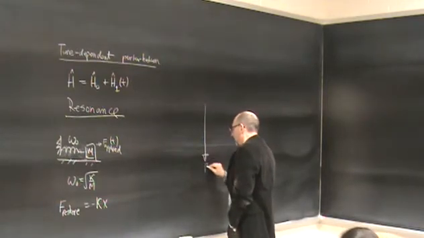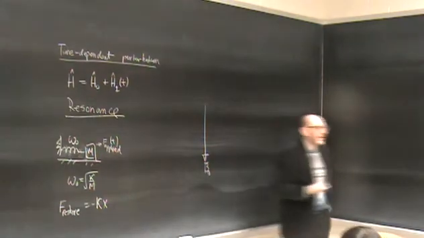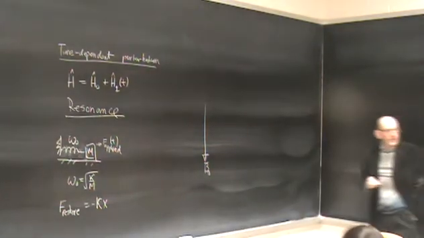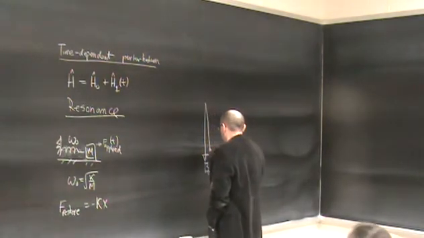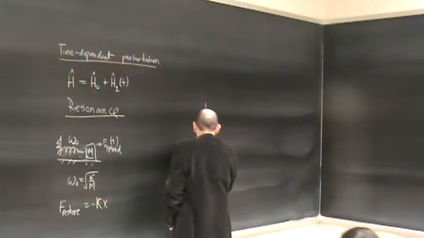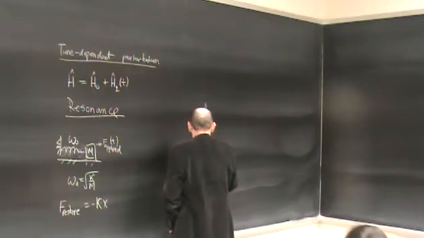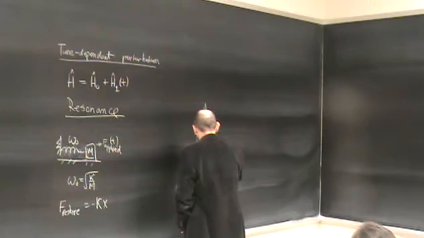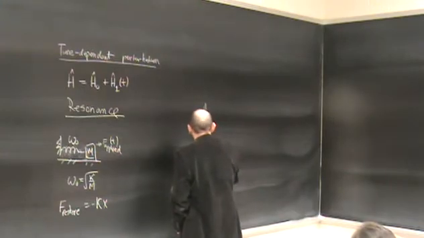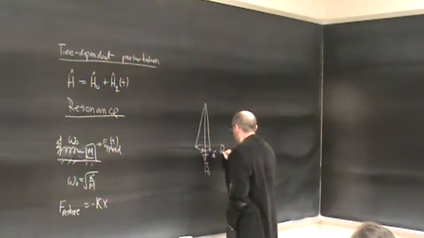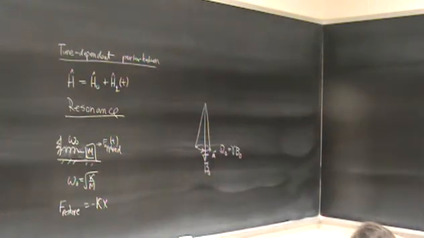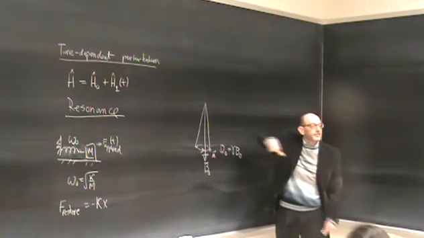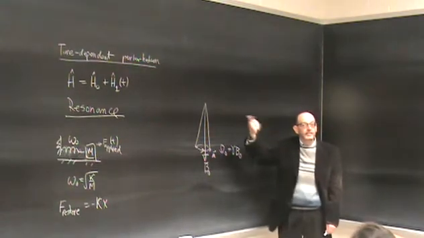Let's suppose I have a strong magnetic field, B naught, and I have some magnetic moment, mu, that is precessing around this guy at frequency omega naught, the gyromagnetic ratio times B naught, right? So if we have a spin, mu, it'll precess around the magnetic field.